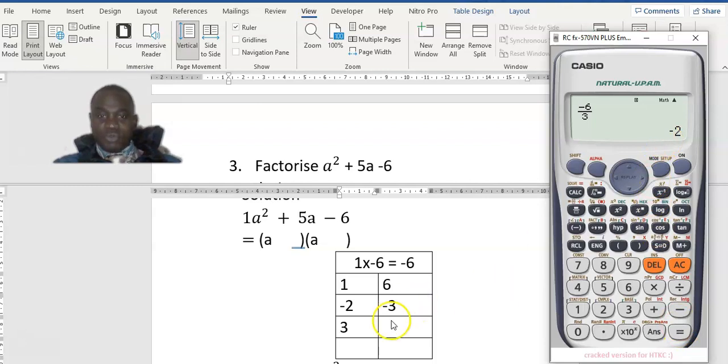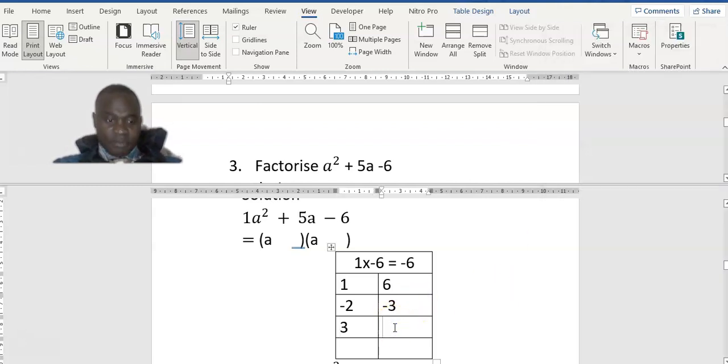We have our 2, minus 2 there, so let's put 2 here. So 3 times 2 is going to give us 6, but we already have 2 here, we have 3 here, right? So we cannot use that one also.